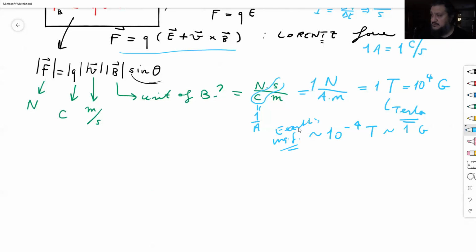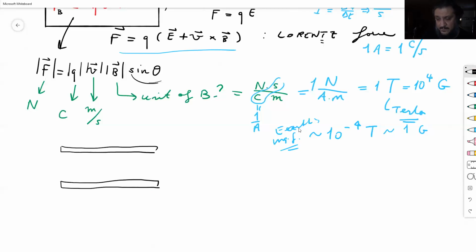So let's try to think of an example where we could have both, right? So what if we have this capacitor or parallel plates. So let's say this is positively charged on the top and negatively charged on the bottom.